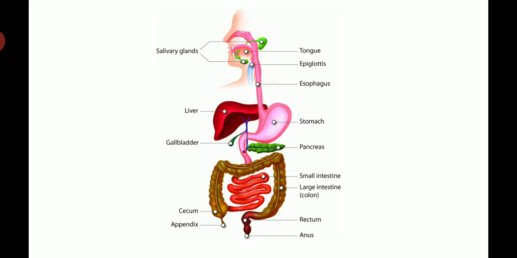And then from the small intestine, it passes on to the large intestine, then the cecum, and then from the rectum through the small opening known as the anus, from where the undigested food is thrown out of the human body.